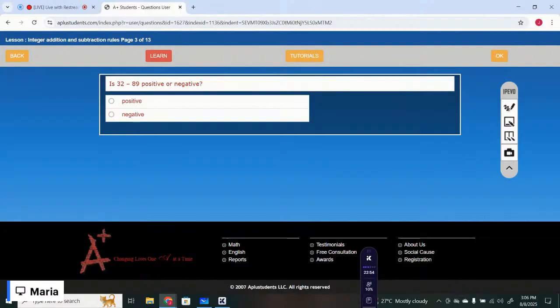Is 32 minus 89 positive or negative? Negative it is because 89 is the greater number and has a negative magnitude. So the answer is negative. Option number 2 is the correct option.